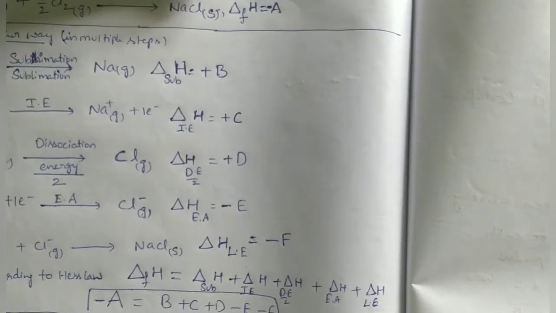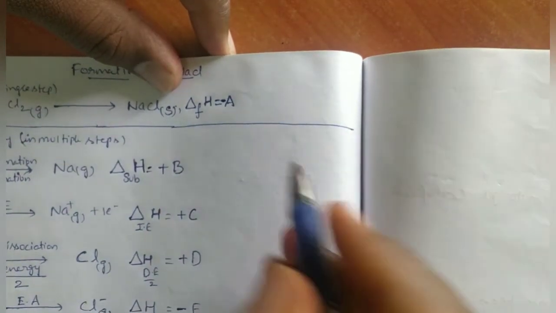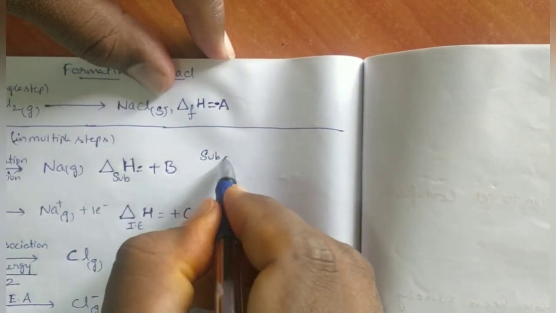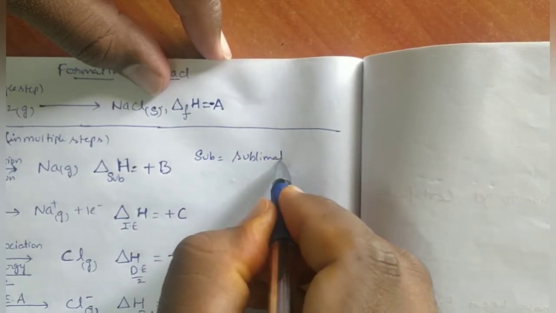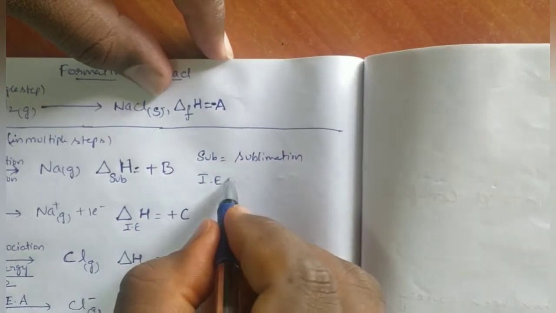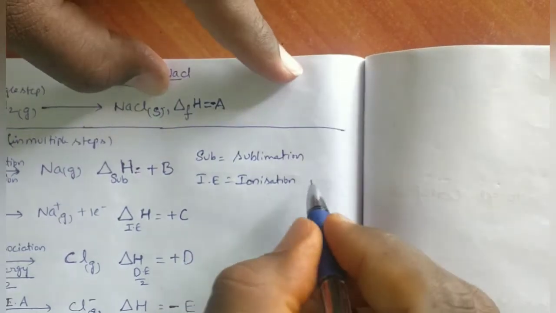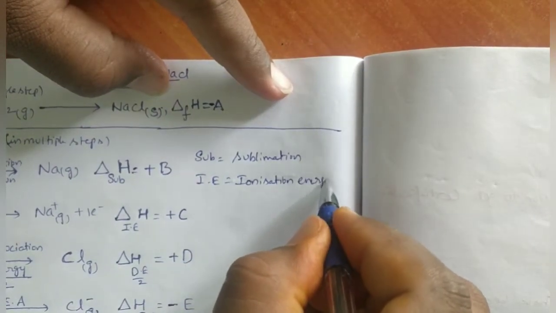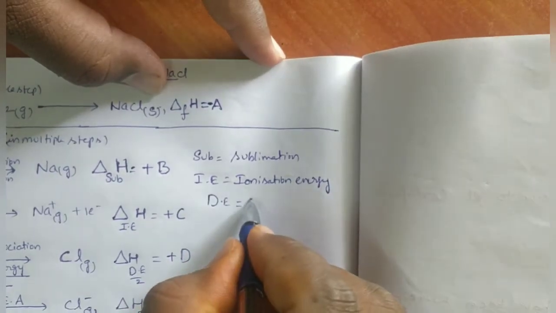Now what is that SUB? SUB is nothing but sublimation. IE is nothing but ionization energy. DE is called dissociation energy.